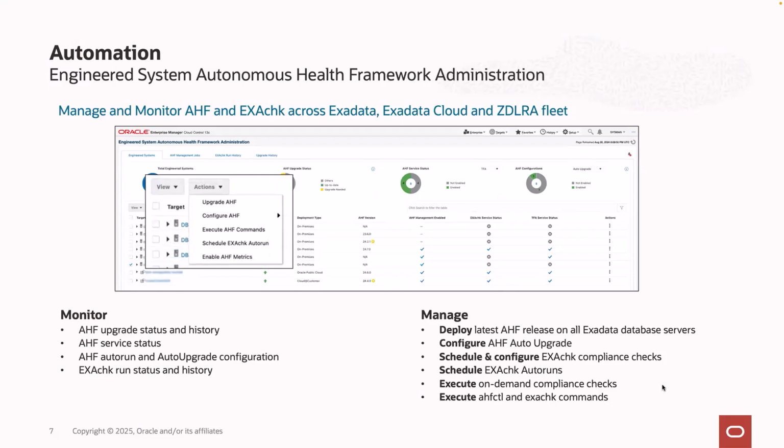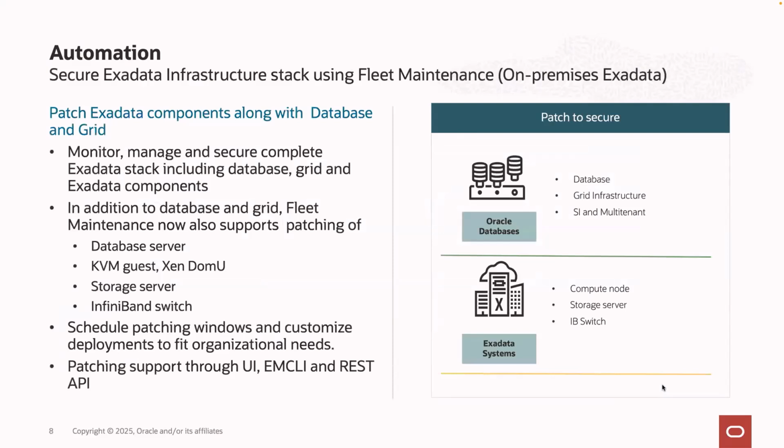So, for example, if you want to install or run a command, you execute it, and it will select all the nodes in the Exadata system for you. The automation of the Exadata infrastructure stack patching is available.